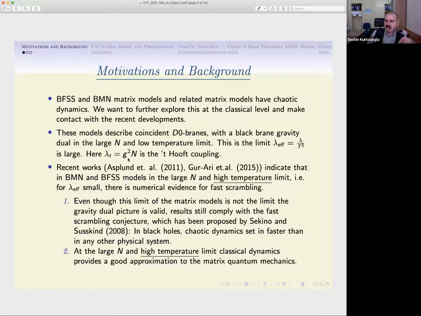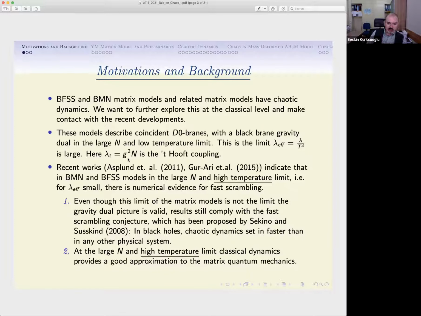And one can still obtain some important, valuable information regarding the chaotic dynamics. So this is the high temperature limit of the quantum theory, which is well approximated by the classical theory. There are some further remarks that I will make later on, if time permits.